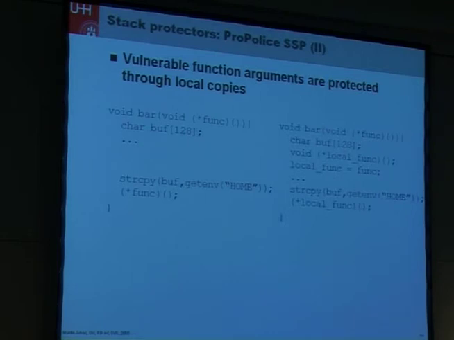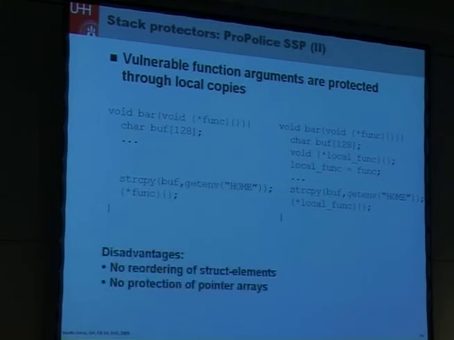Propolis introduces a new local variable called local func, and the first thing it does is copying every function pointer argument of our program into this local copy. So the character buffer lies above this local func. So if we have a buffer overflow that is overflowing buff, the function parameter func is still overridden, but at a point of time where it doesn't have any significance anymore, because in the rest of the program, local func is used instead. So this attack doesn't work anymore.